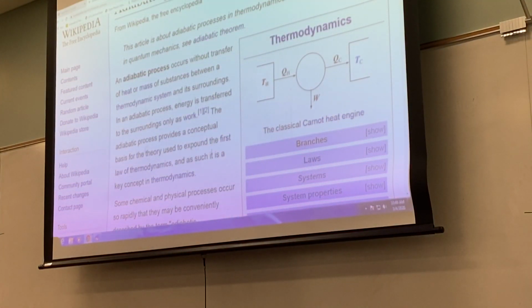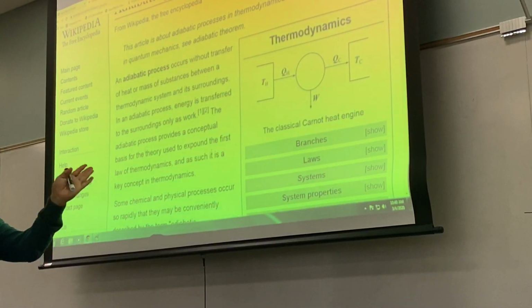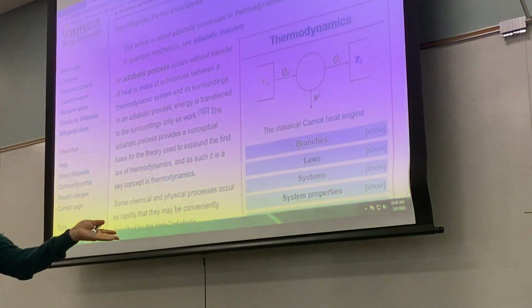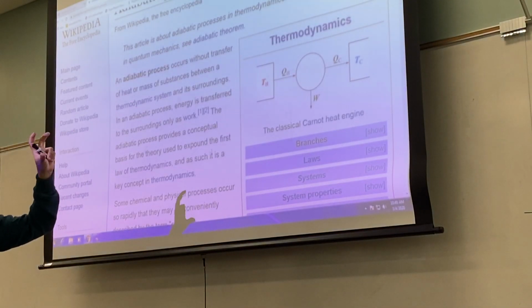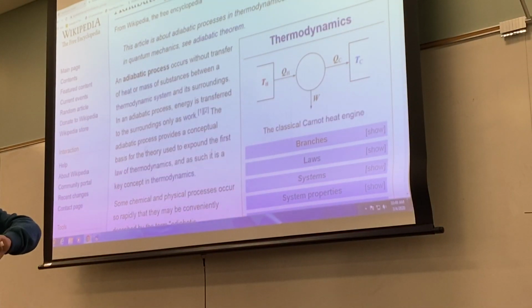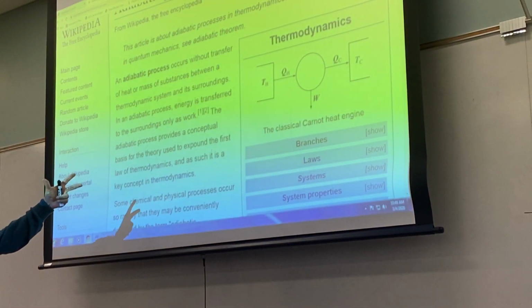In the adiabatic process, energy is transferred to the surrounding only as work. See, so there's no exchange of energy in the form of heat between the pocket of air or the gas and the surrounding. So then, of course, if it expands, we expect it to cool.